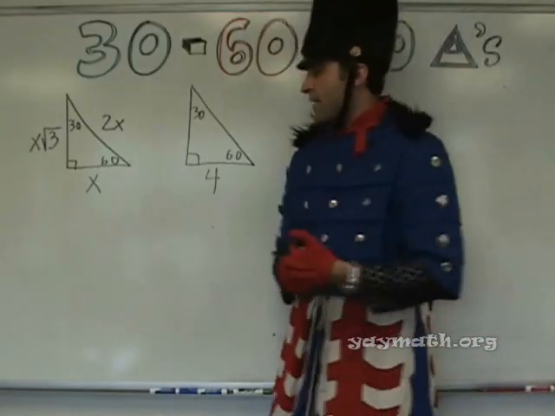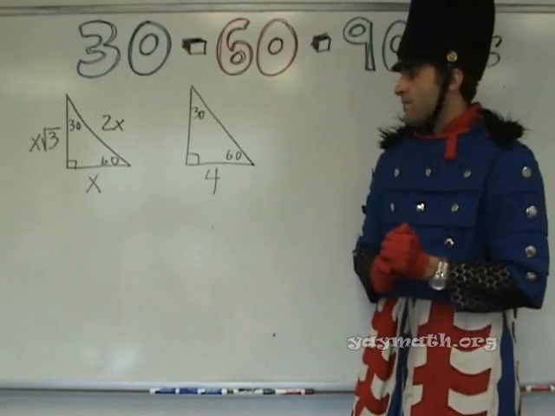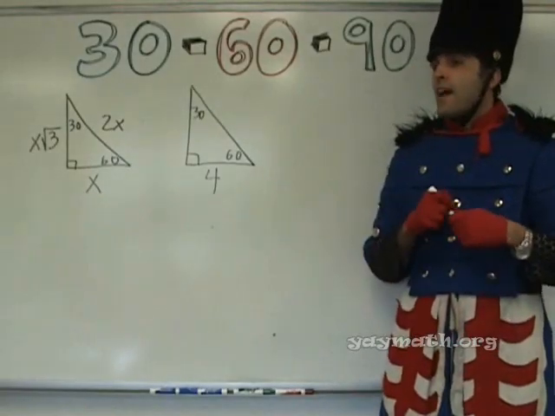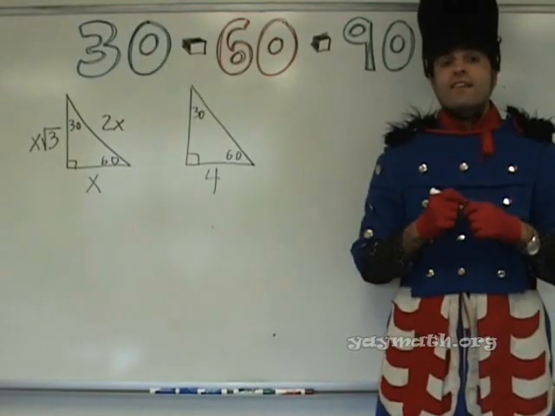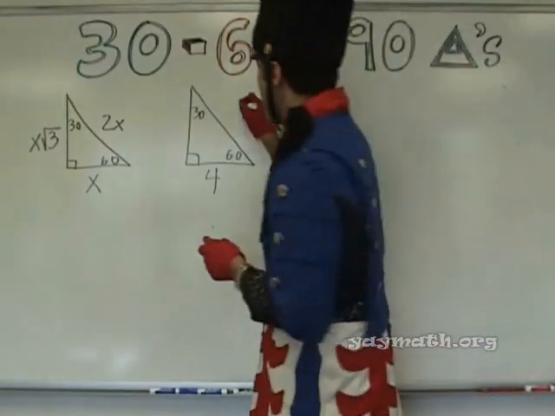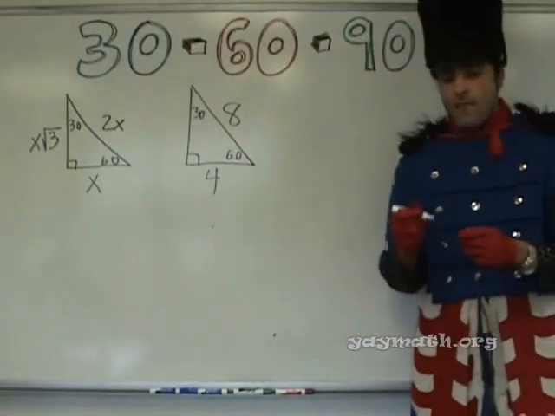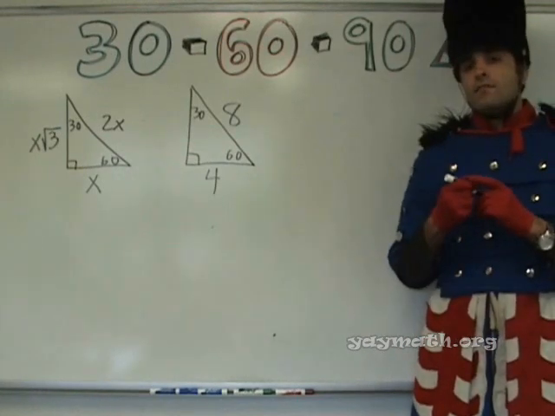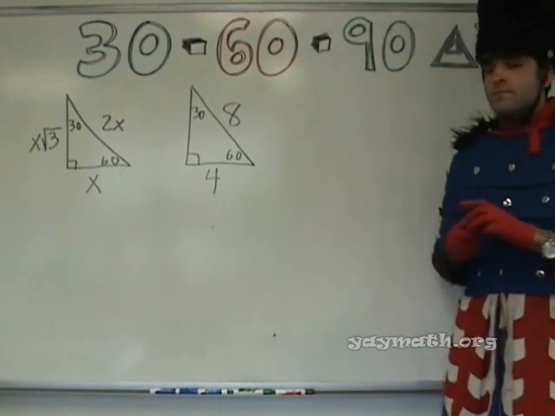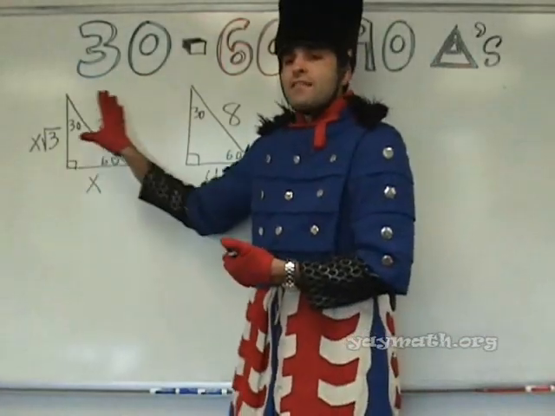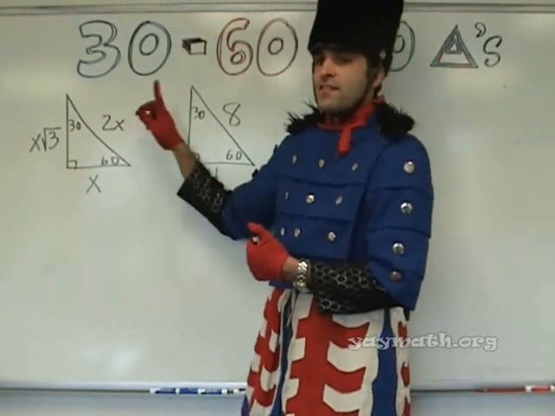According to this graphic, if this was x, then the side opposite the 90 would be what in this case? 8. Very good. This is just a graphic that demonstrates how the 30, 60, 90 works.